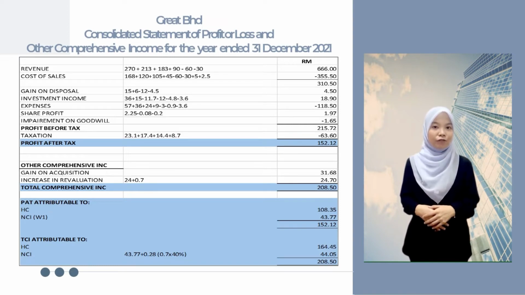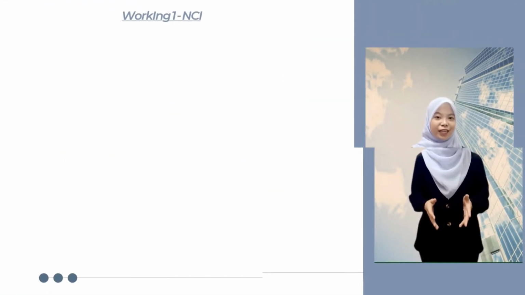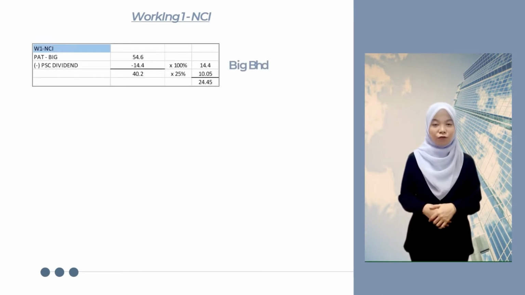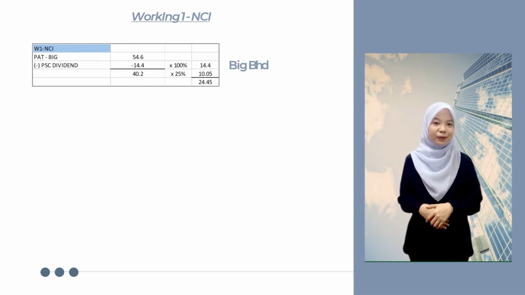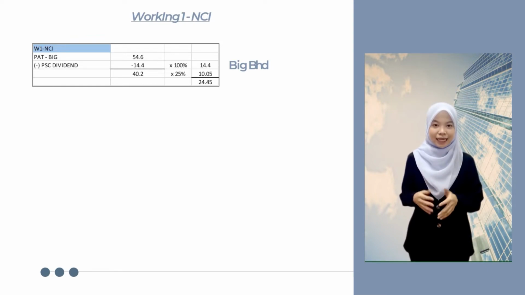The calculation of the NCI can be referred to working 1, where we are required to calculate the shares of NCI in the PAT of each subsidiary. As for Big Berhad, its PAT of 54.6 million will be deducted with the preference dividend paid of 14.4 million. Since Great does not acquire any of Big's preference share, the NCI portion of the dividend is 100%.